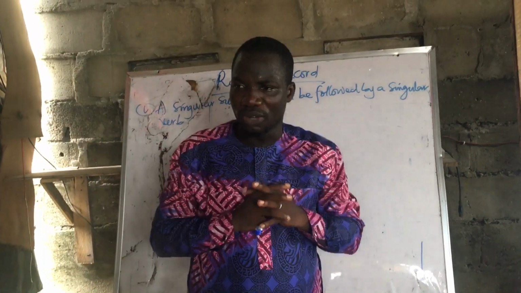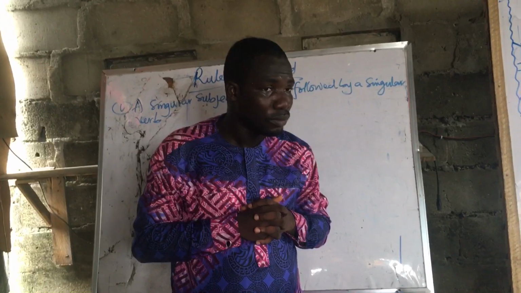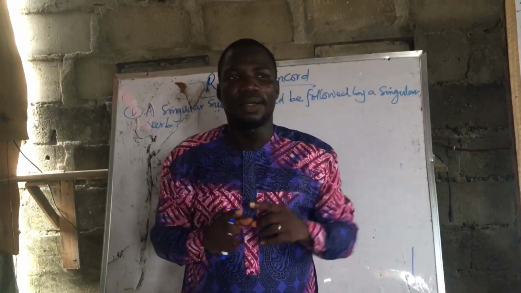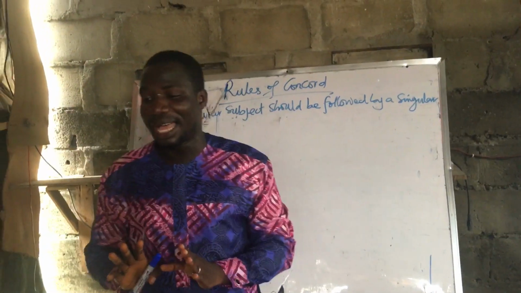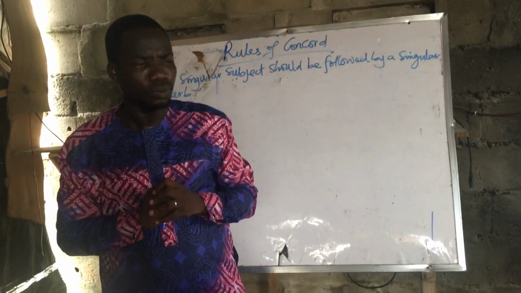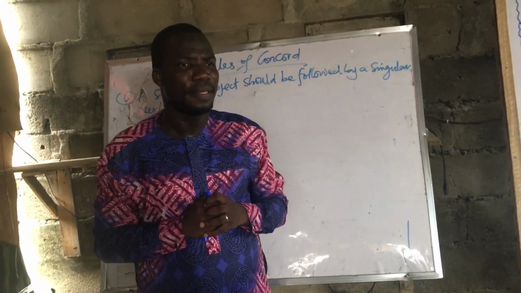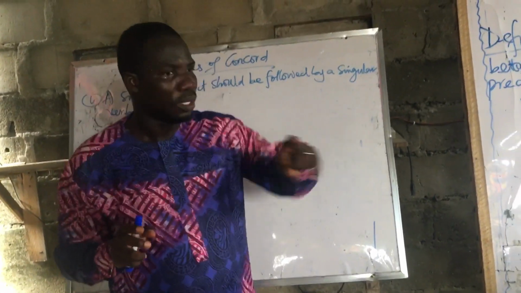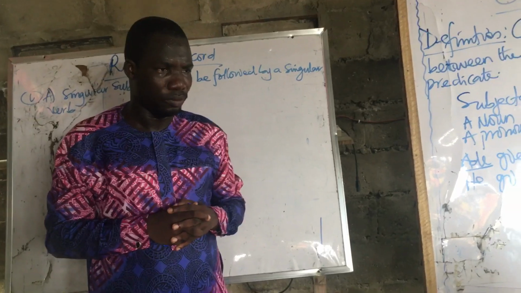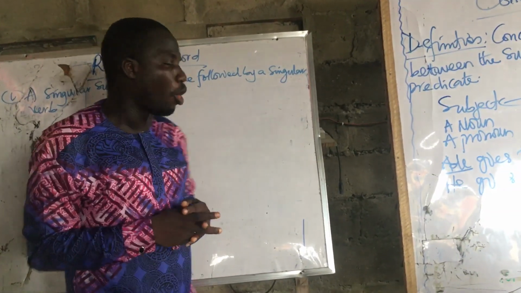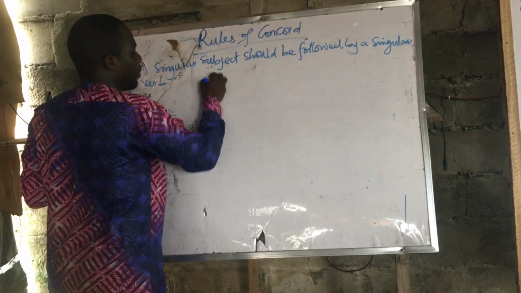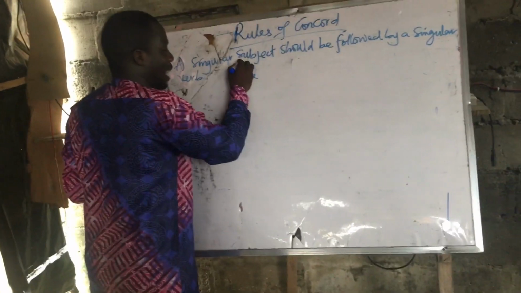Someone should give me an example of a singular noun. Yes, Yusuf, a singular noun. Ade. Ade is a singular noun. Someone should give me an example of a plural noun. Muhammad, a plural noun. Balls. We have Ade as a singular noun, right?